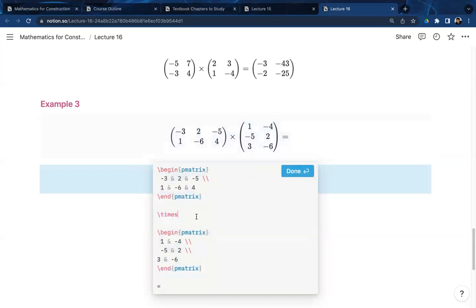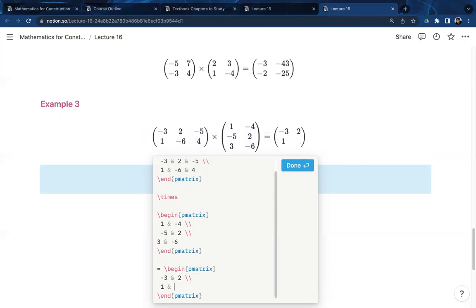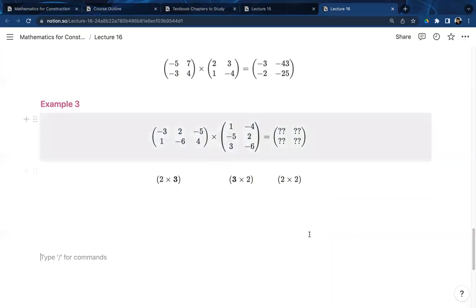So I'll come here now and write something like that. Okay. I know the answer is going to be a 2 by 2 matrix. It's just to figure out what it is.